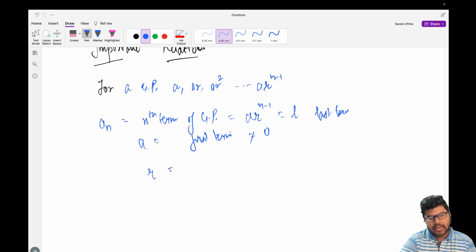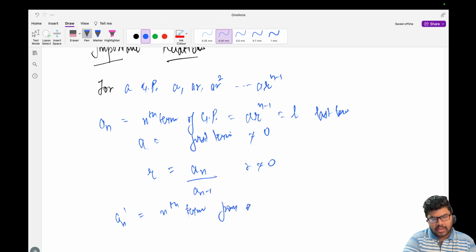Then r is equal to a_n upon a_(n-1), which is r not equal to 0.